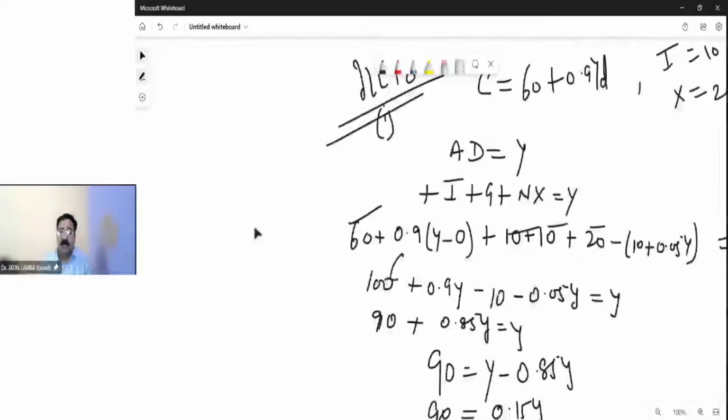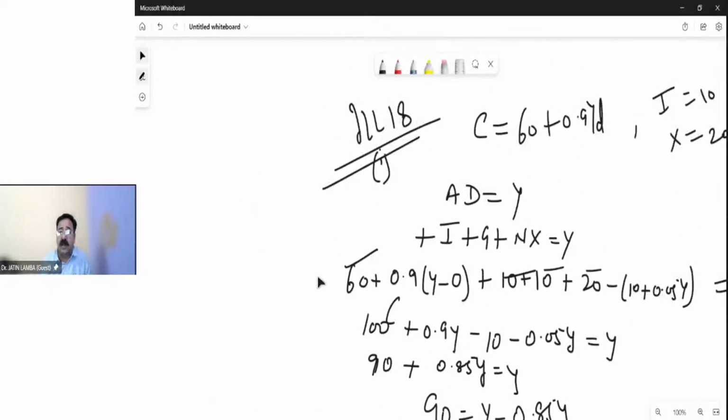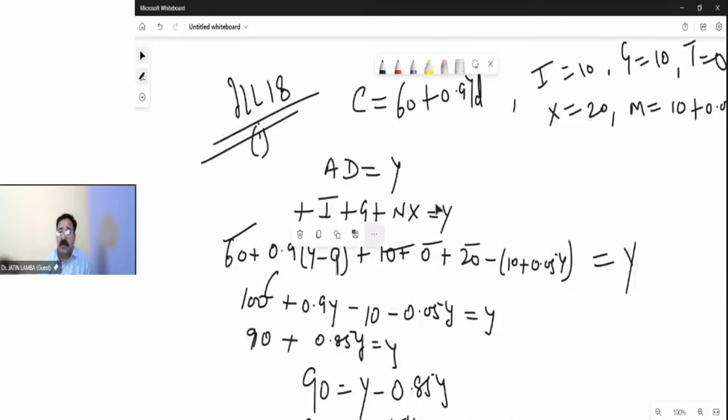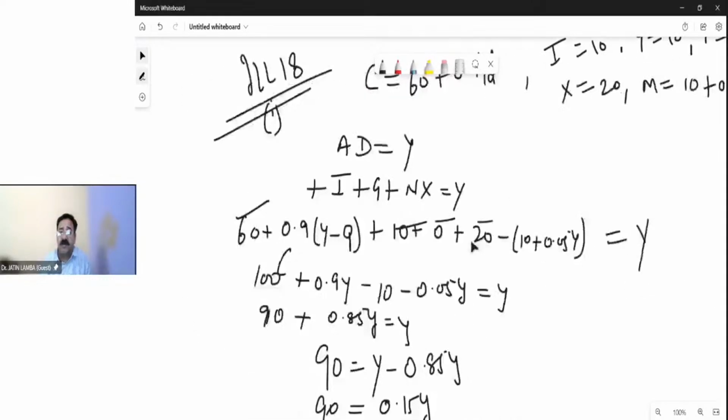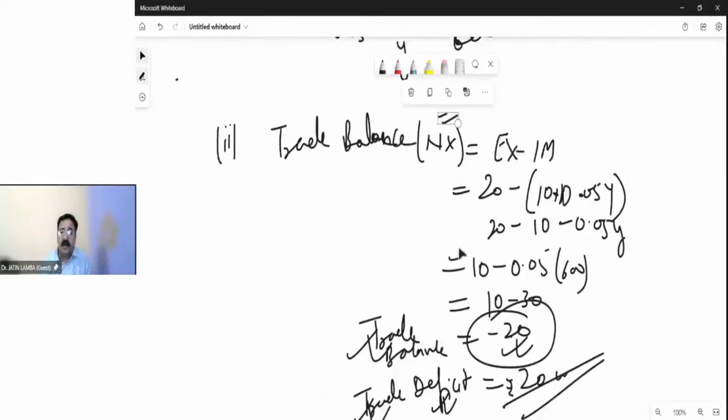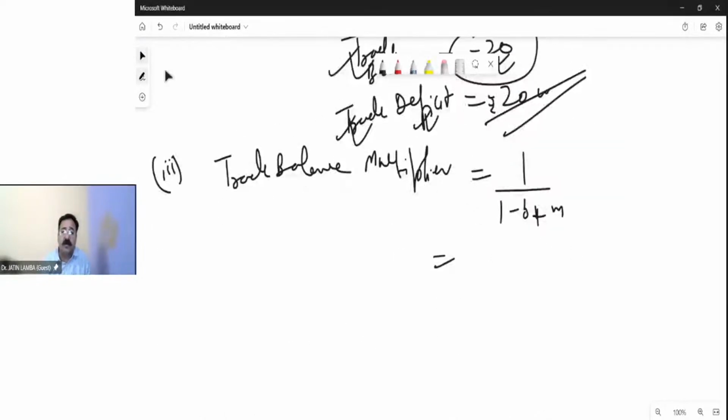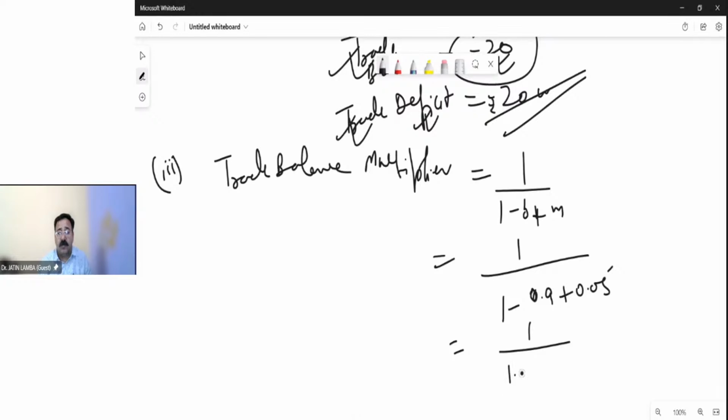Consumption function में देखो, in the consumption function b is 0.9 and m is 0.05 है ना? 0.9 and 0.05. Simply put the values. 1 upon 1 minus 0.9 plus 0.05.